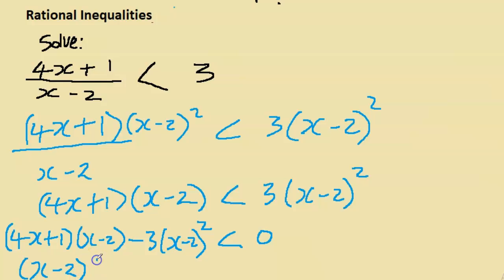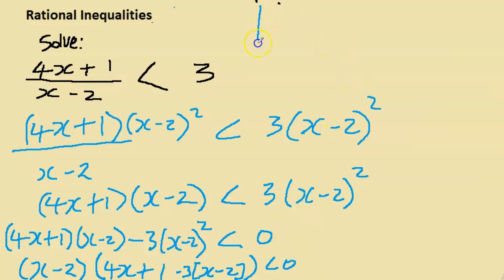If we factor x minus 2 out from this term here, we end up with 4x plus 1. And if we factor x minus 2 from this term here, we're left with another x minus 2. So we're left with minus 3 in the bracket, minus 3 outside there, and then you still would have x minus 2 there, right?